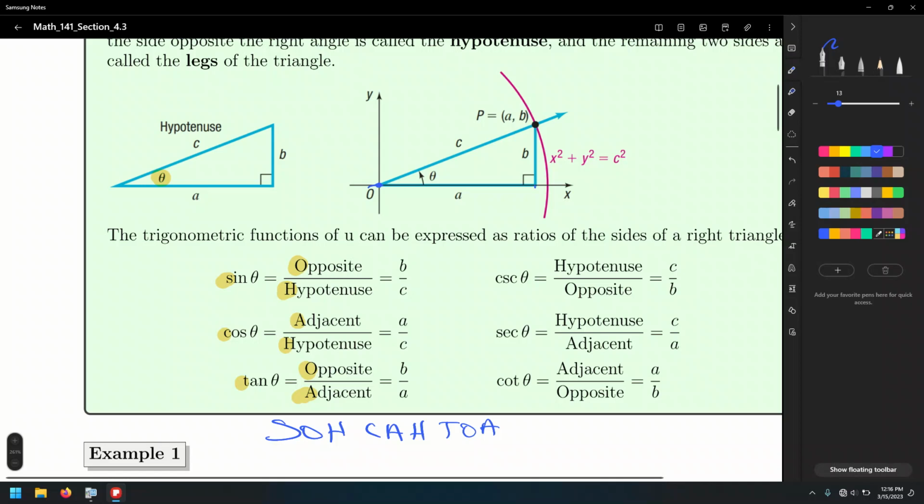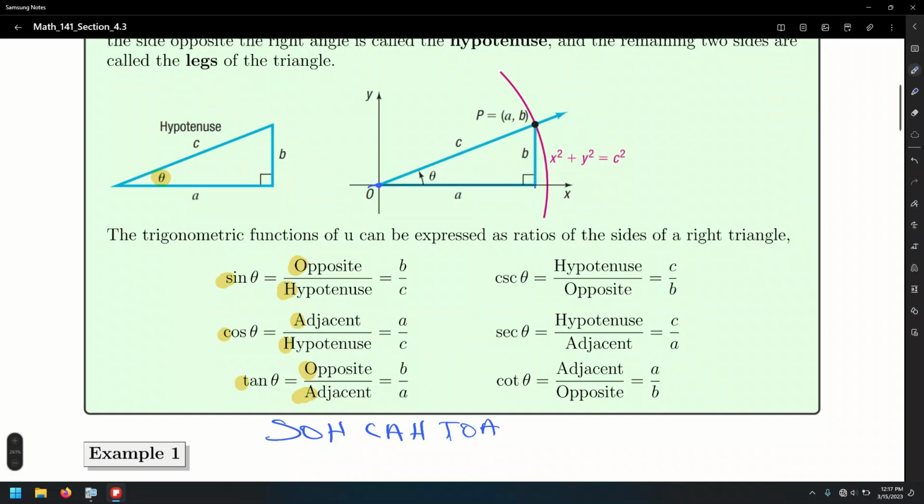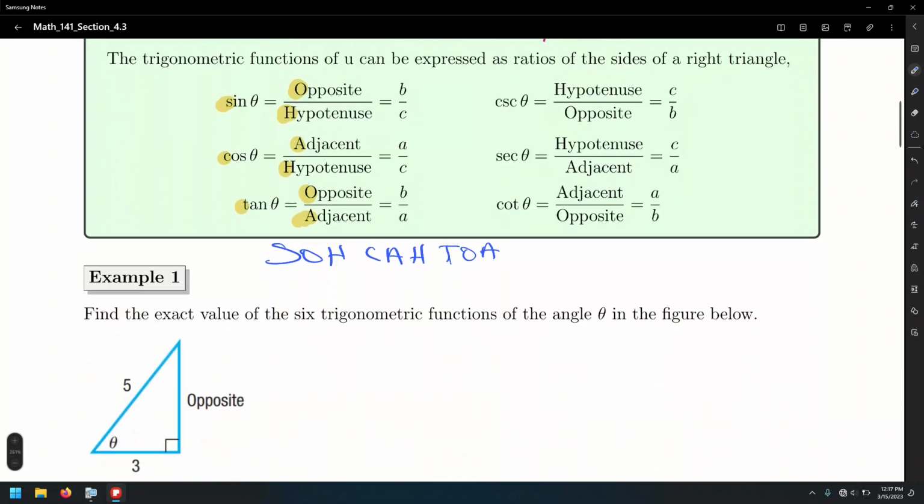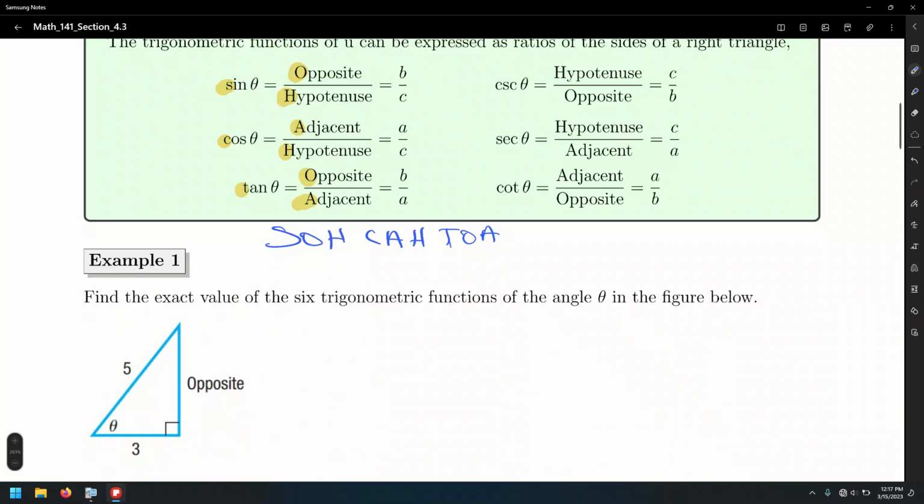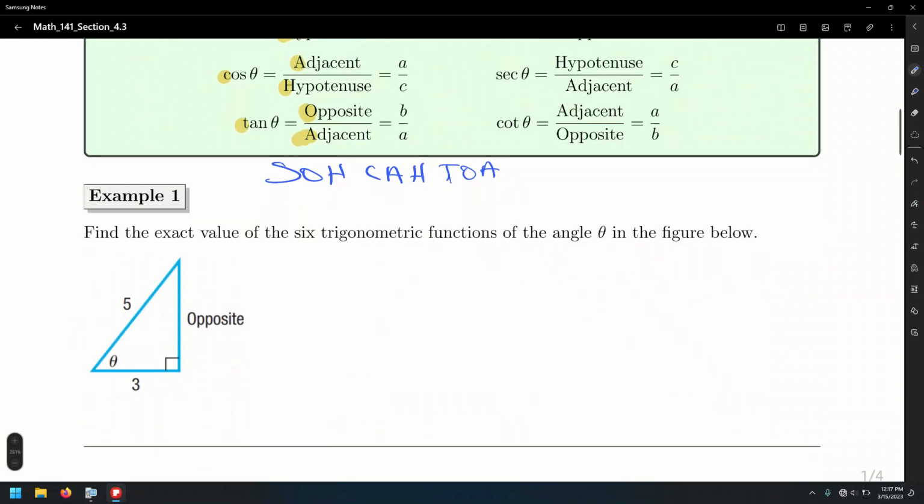Let's do one example using SOHCAHTOA. They're asking us to find the value of the 6 trigonometric functions for the angle theta from the figure below. And again, the position of the reference angle is very important. In this case, we are given the adjacent side and the hypotenuse.